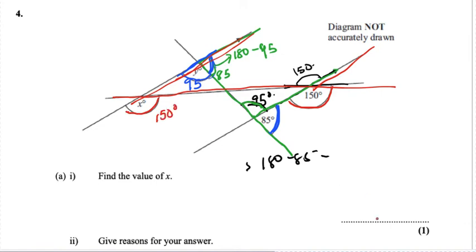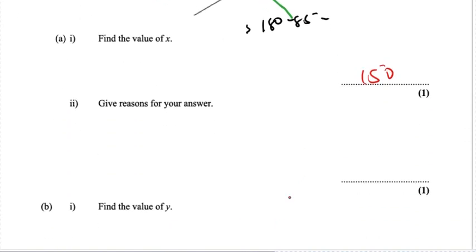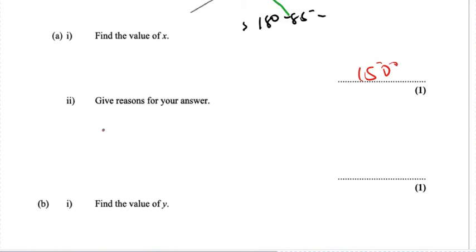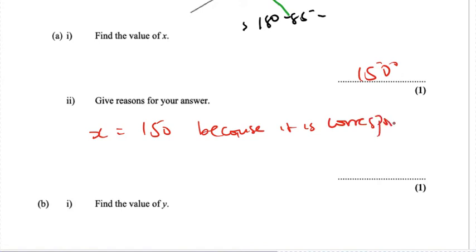So X is 150, and the reason is X is 150 because it is a corresponding angle.